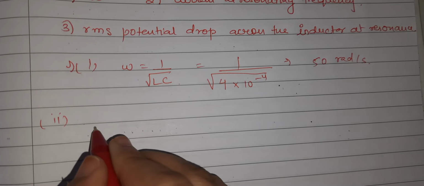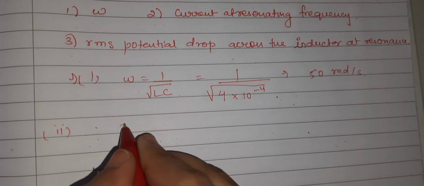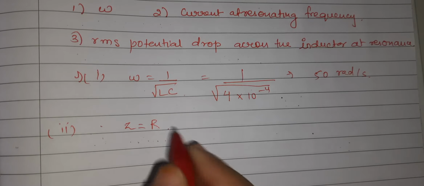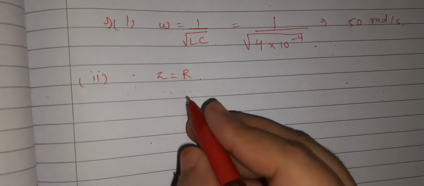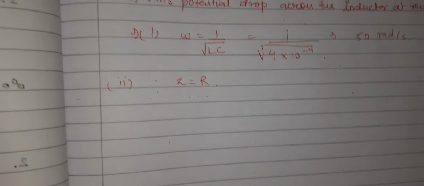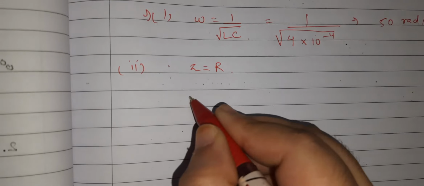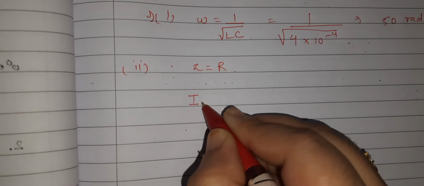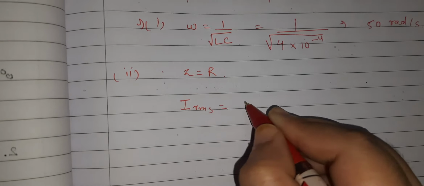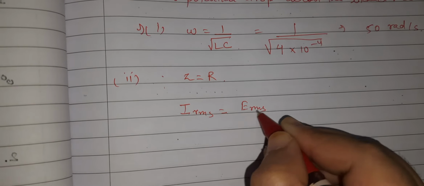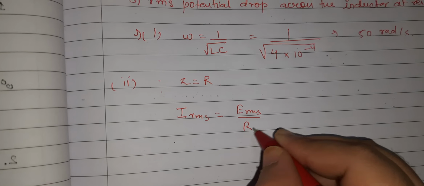And second thing, we have to find the current at the resonating frequency. At resonance our Z will be equal to R, since when the impedance becomes equal to R, at that time the circuit attains the resonating stage. If Z is equal to R, to find the IRMS value, the current at the resonating stage, IRMS will be equal to ERMS upon R, or we can say the impedance.